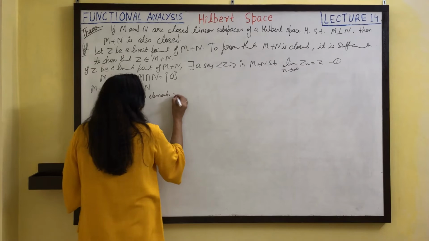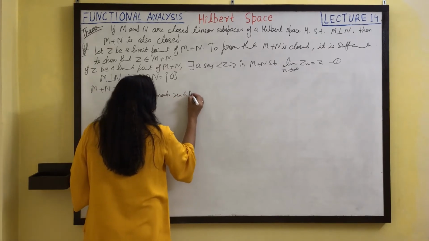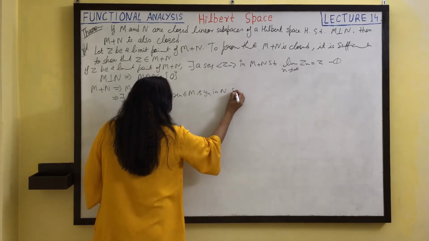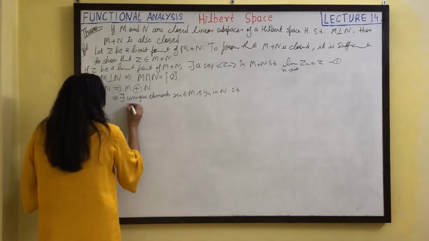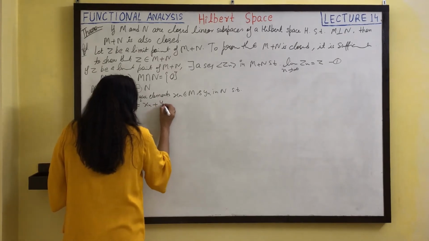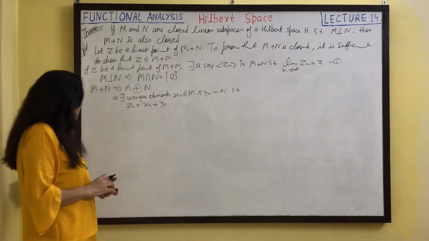So this implies there exist unique elements xn in M and yn in N such that Zn is equal to xn plus yn. Right?